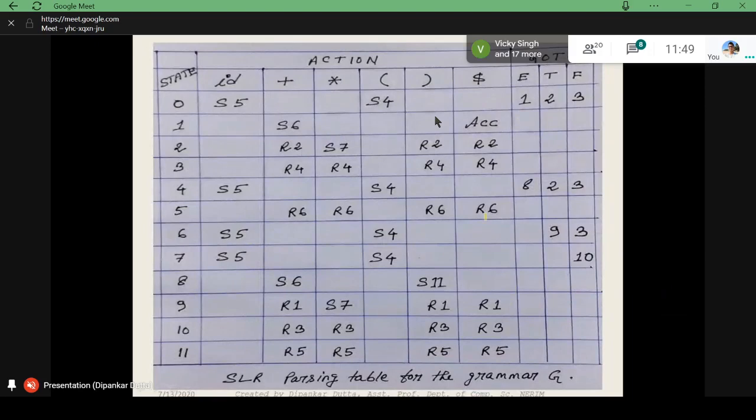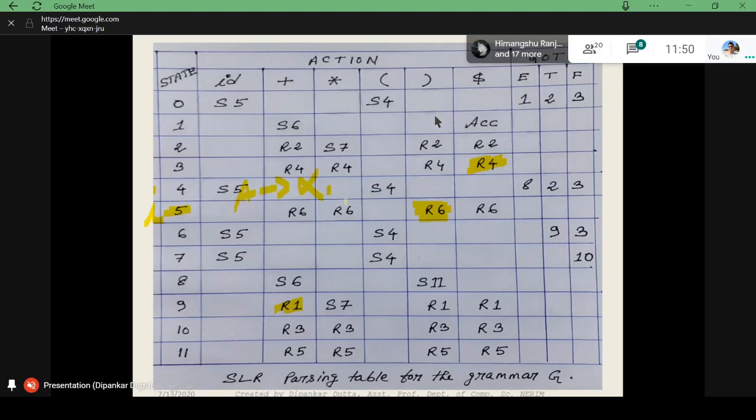So your homework today, you have to practice this table. Tomorrow I will ask questions to you. Suppose, why it is R4 in 3, why it is R1 in 9, why it is R6 in 5. Why did we get reduce in I5? These are the steps. In I5 we have some A implies alpha dot kind of production.